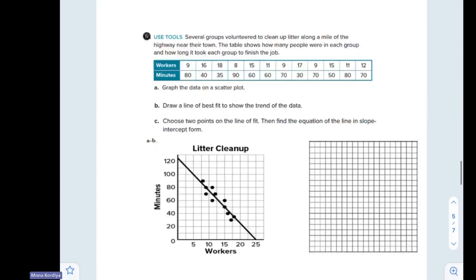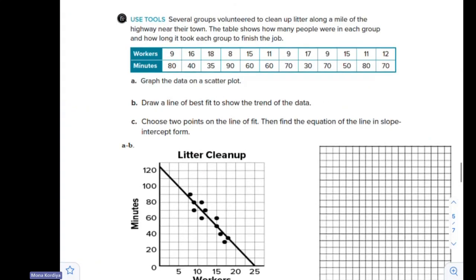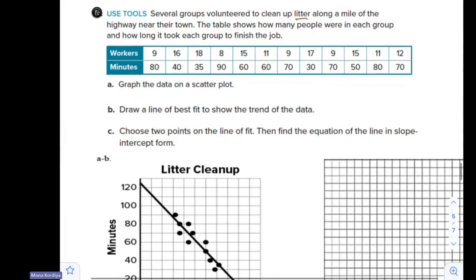Let's take another example here using tools. Several groups volunteered to clean litter, the garbage, along a mile of the highway near their town. The table shows how many people were in each group and how long it took each group to finish the job.